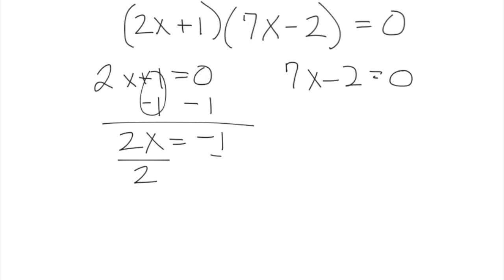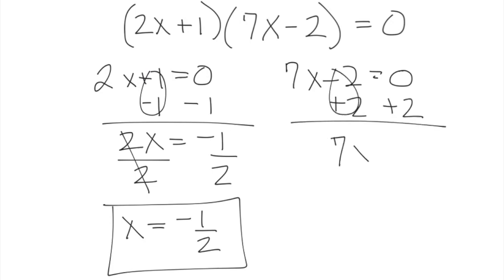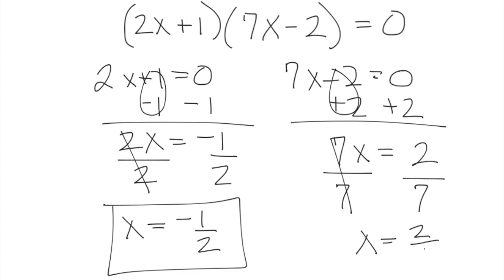Then I'll divide both sides by 2, and I'm left with x equals negative 1 over 2. With my second equation, I'll add 2 to both sides, and I'm left with 7x equals positive 2. Lastly, we'll divide both sides by 7, and we have x equals 2 sevenths. My solutions are x equals negative 1/2 and x equals 2 sevenths.